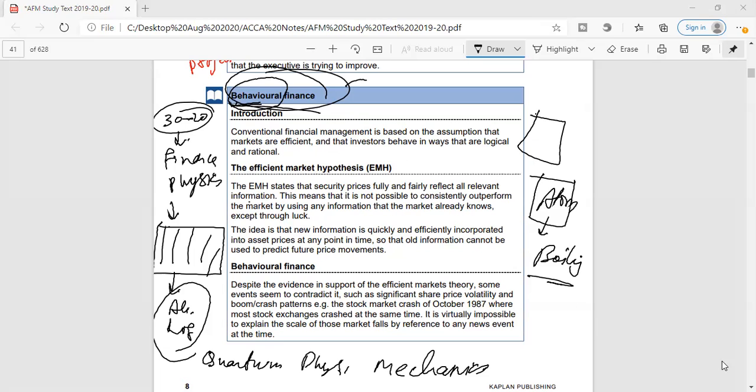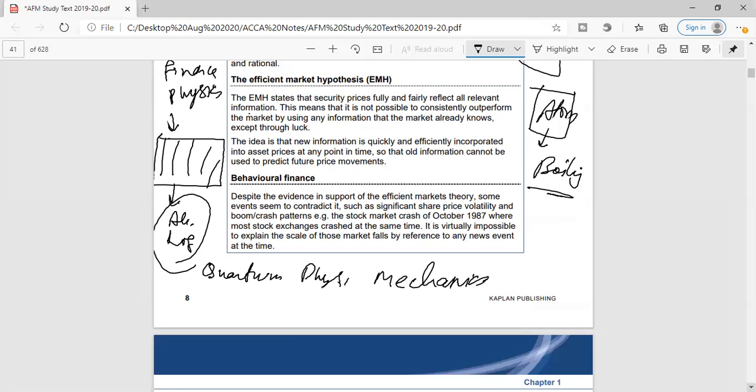Now the first one is the efficient market hypothesis. What does it say? It says the market is very efficient. All the information, be it insider or market related, is already reflected. But that is not the case. The efficient market hypothesis is not really working out in the real world.